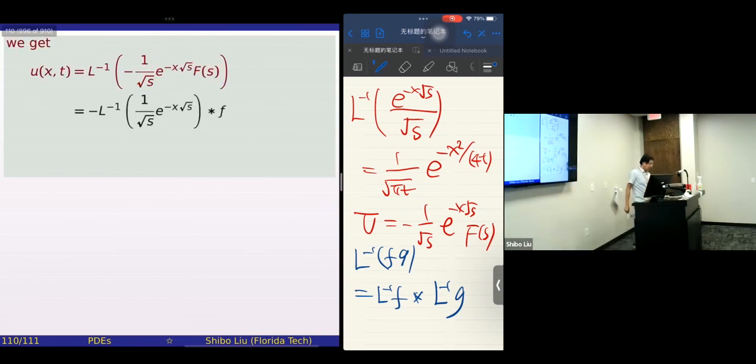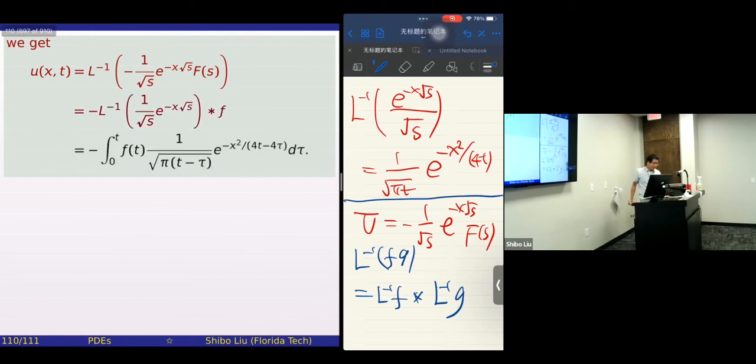For the first term we apply this result from the bigger table. Then, by the definition of convolution, replacing t by t minus tau, then taking the integral from 0 to t, and don't forget the minus sign here. So this is the result of our problem.